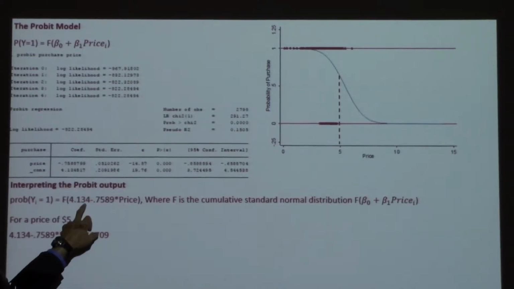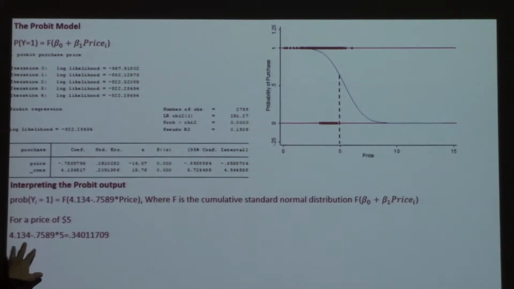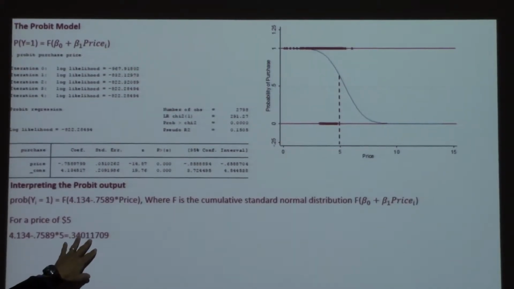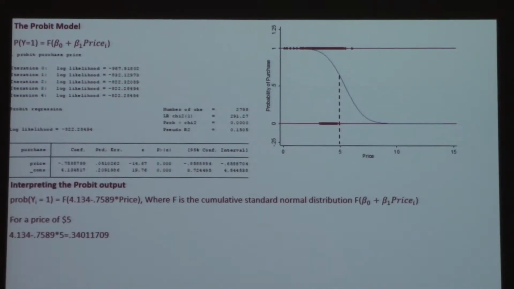Constant minus the coefficient on price times the price, and we get this number of 0.34. Again, it would be nice to think that that's the answer, that's the probability of purchasing at a price of $5. But it's not. It's actually the z-statistic associated with the standard normal distribution of purchasing at a price of $5.